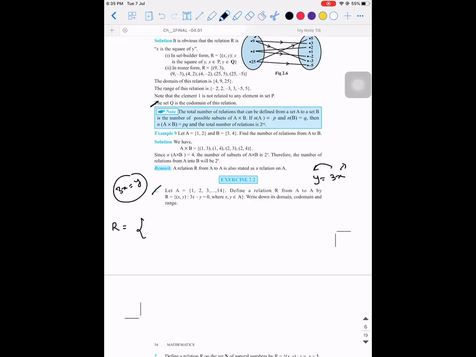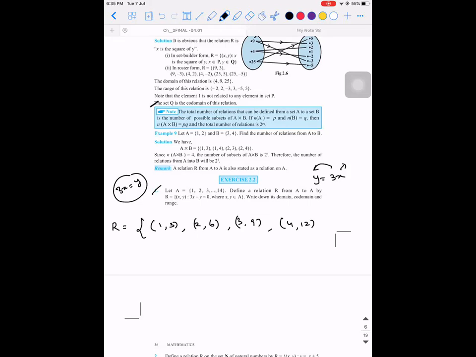So if I take x is equal to 1, what do I get the value of y as? 1, 3. Next, 2, 6. 3, 9. 4, 12. 5, 15. Should we write that?